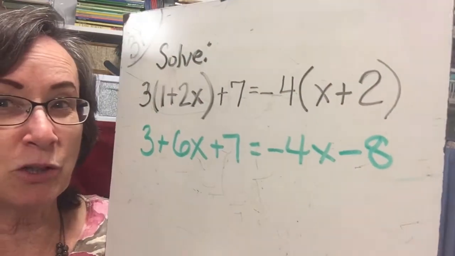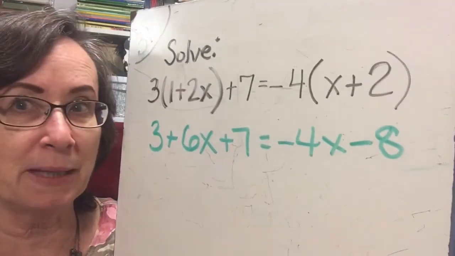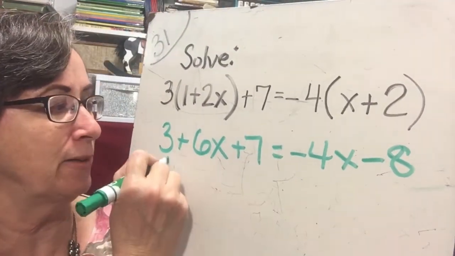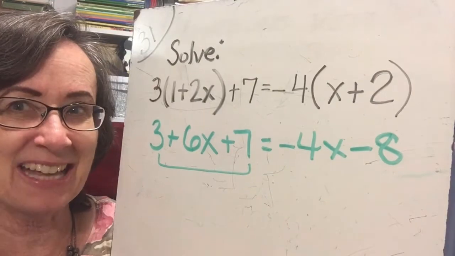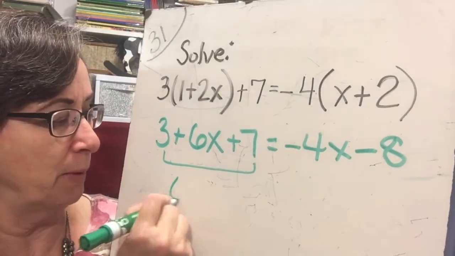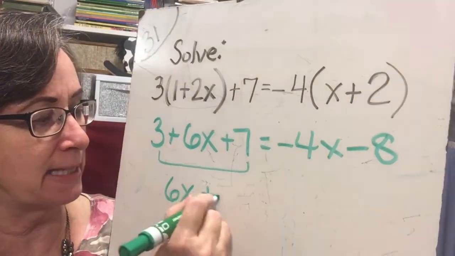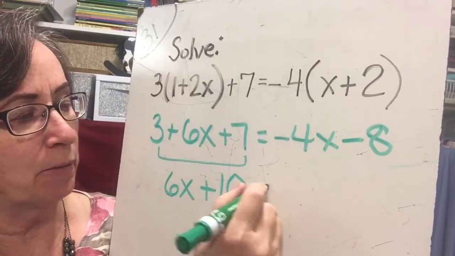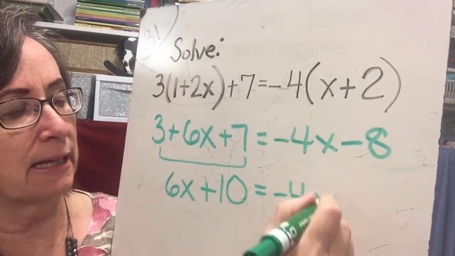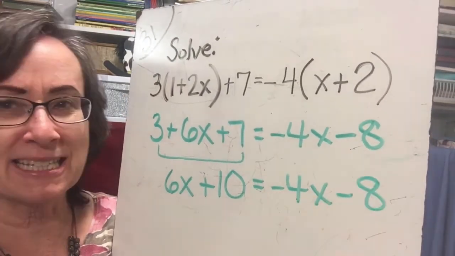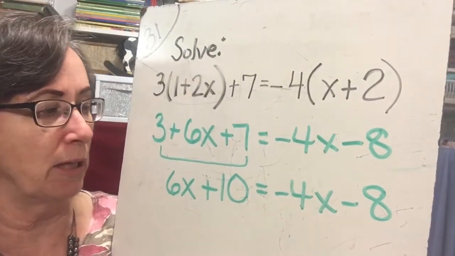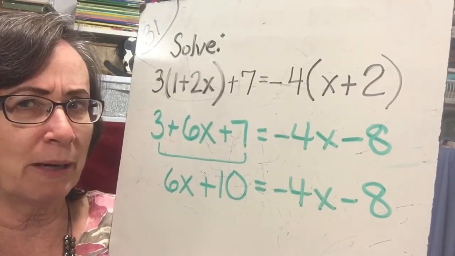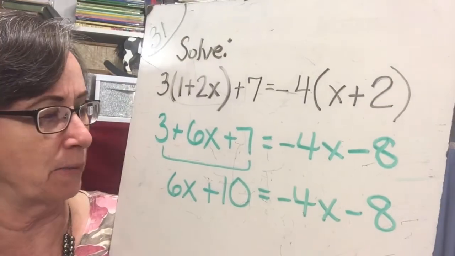Now here I'm going to do one step before I begin trying to get the x on one side. You see how I have a 3 and a 7? I'm going to go ahead and put those together. So 6x plus 10 equals negative 4x minus 8. I always like to simplify after I distribute, just so that I know what I'm doing before I start switching sides with everything.